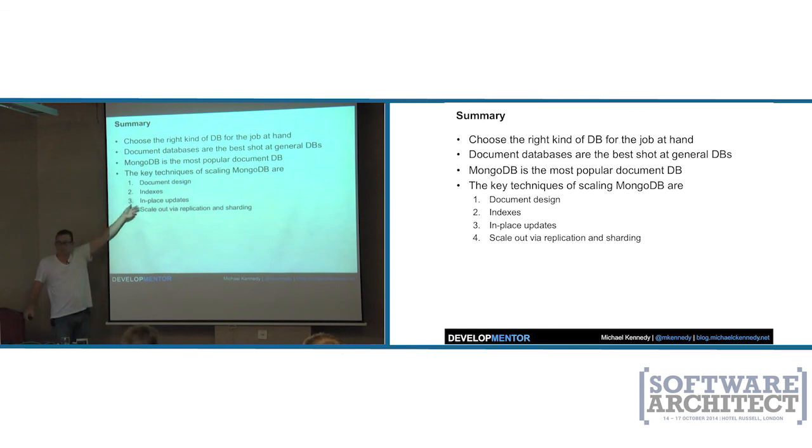You can do in-place set-based operations. If you've got a 1 megabyte document and you just want to increment a field, you can just issue an increment statement without pulling the whole thing back, changing it, pushing it in, and so on. And finally, we saw we have sharding and replication as the 2 scale-outs. And of course, they can combine so that you have replicated sharding or something like that, whatever the term would be. All right, questions, comments?